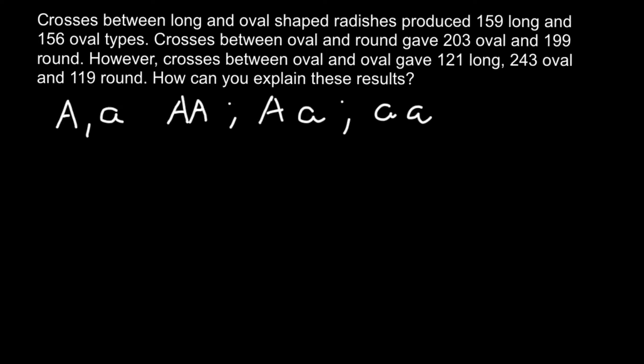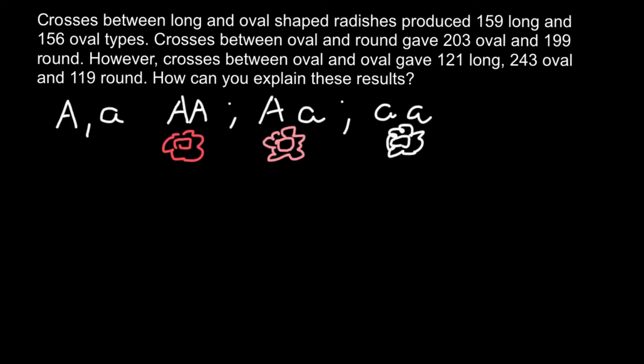In this case, for example, if this is going to be the color of the flower, and the dominant allele would code for the red color, then here we would have a red flower, here we would have a white flower, because the recessive allele would be mutated and wouldn't code for any color, and a heterozygous genotype would produce an intermediate phenotype. So here we would have a pink flower, and pink is intermediate between red and white.